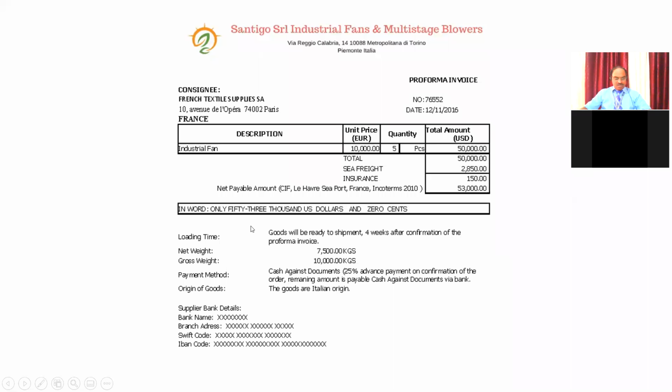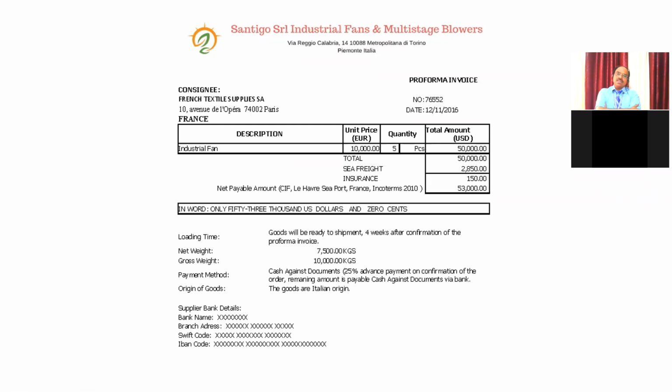Here is a sample of the export documentation. See that one? This is the pro forma invoice. We have discussed in the previous class when the pro forma invoice will be prepared. And the consignee, in some cases they will mention the consignor and consignee. Consignee is the buyer.